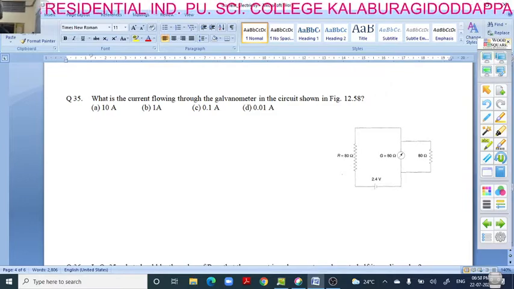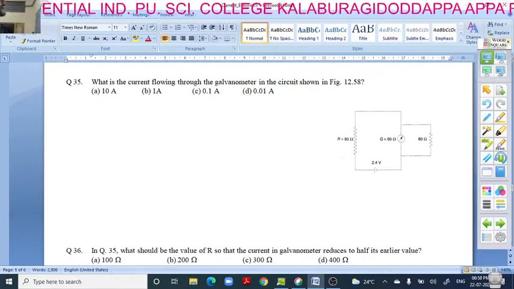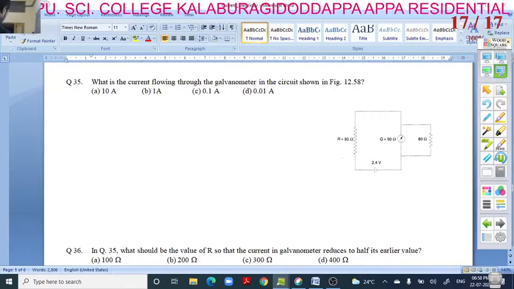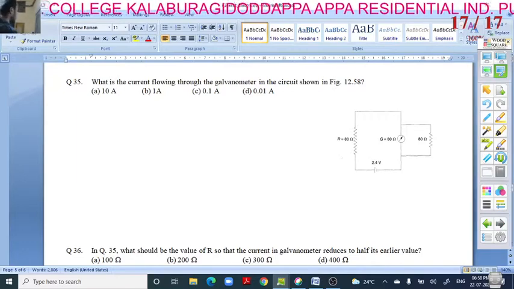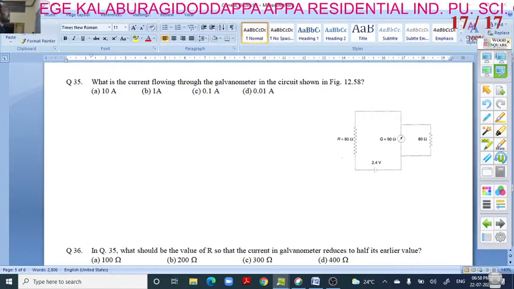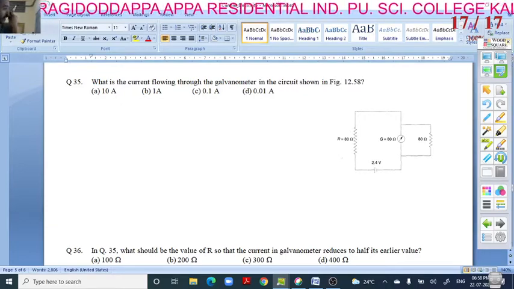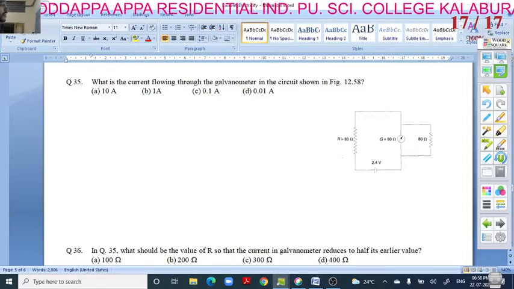Next, this is the last question here. See here, what is the current flowing through the galvanometer in the circuit as shown in the figure? Our aim is to find the current.